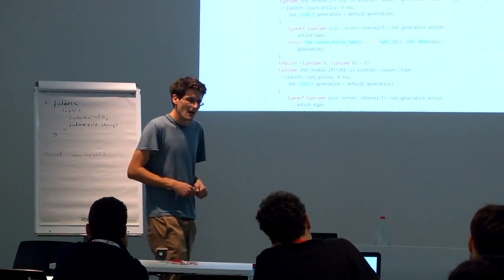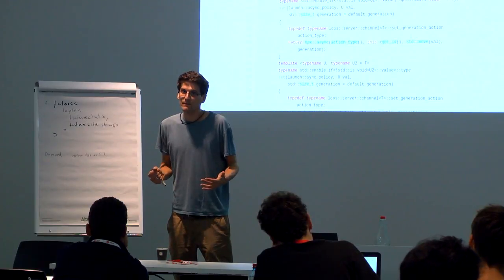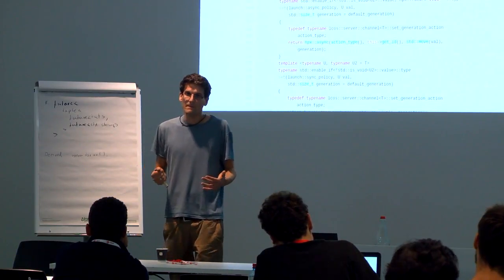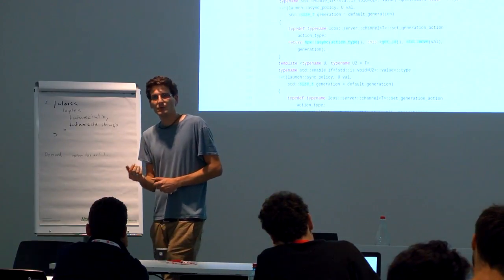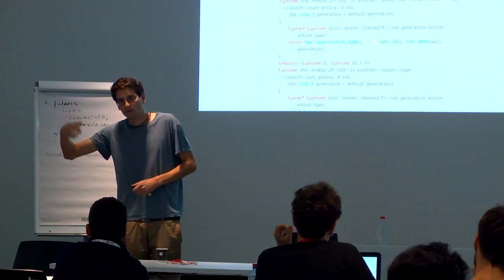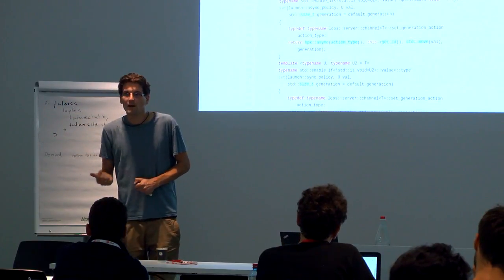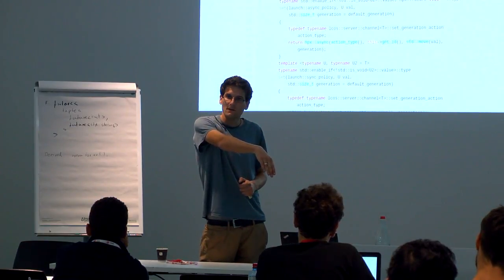Each map entry is essentially a promise. When you try to get the value, you retrieve the future from that promise for the respective generation, and then you set the value of that promise for that generation.